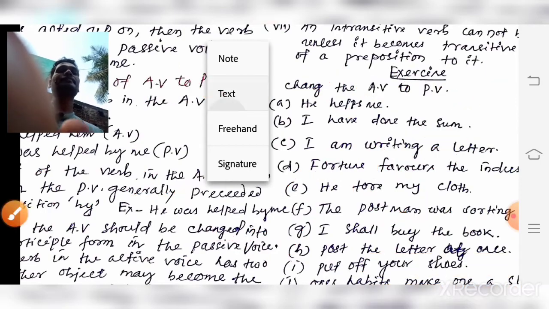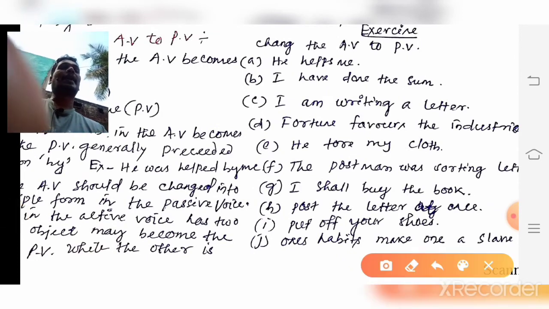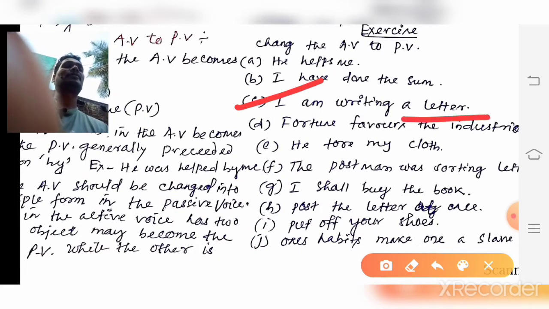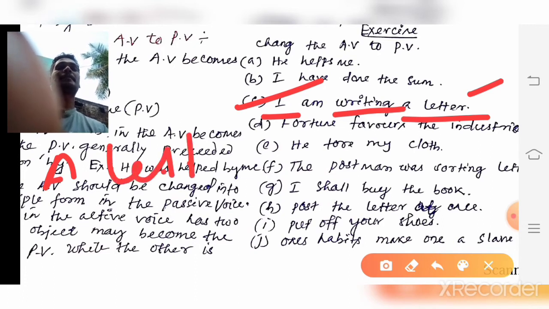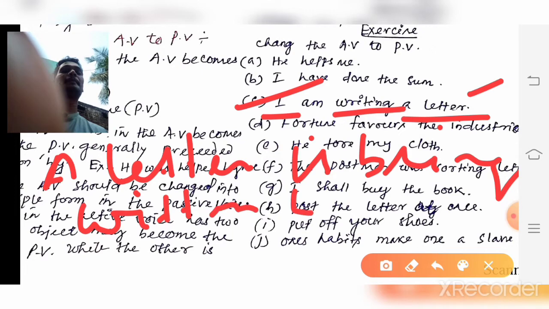Then second sentence, I am writing a letter. The sentence is in AV form. What will be the PV form? Letter, object; I the subject; am writing the verb. A letter is being written by me.